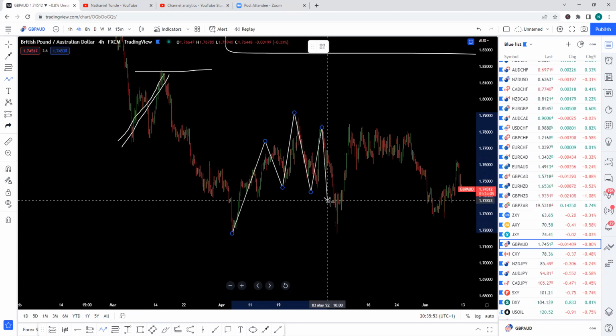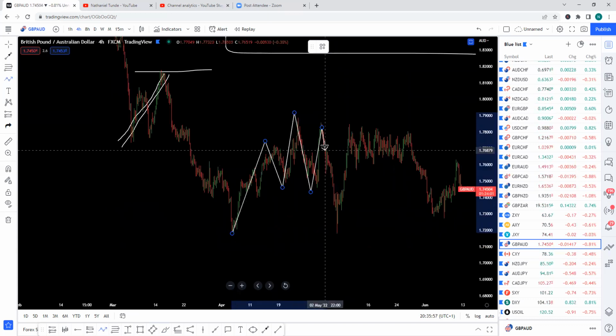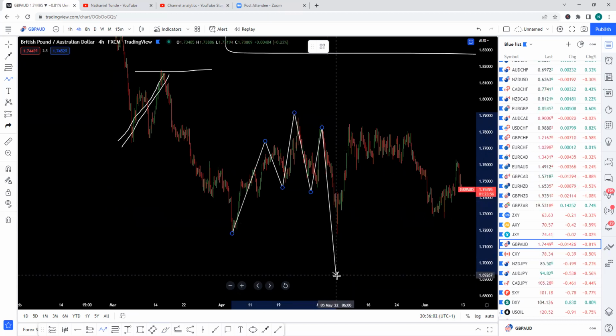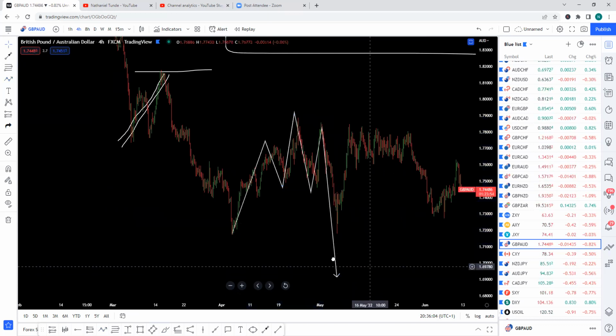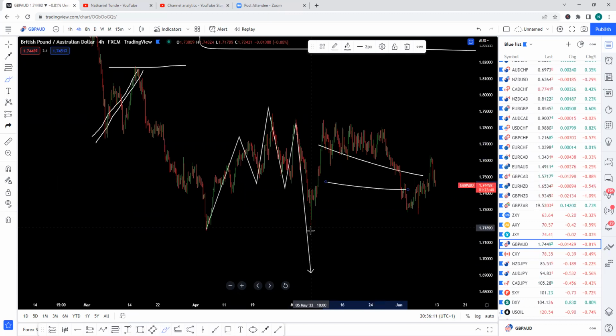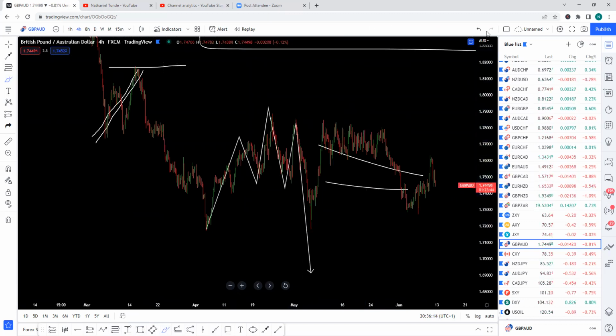This 3-wave back refused to break this low. If this 3-wave back has come to this level, forget it, guys. We are not going up powerfully.